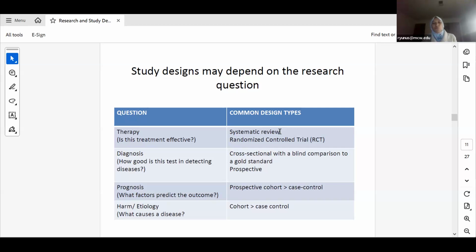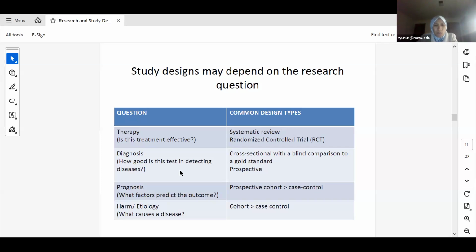Because when you do a literature review, if you find that many people have already done clinical trials on that drug, then rather than replicating a clinical trial, you can just do a systematic review. But if it is a very new drug and nobody has studied it before, or maybe you just have 1 or 2 studies with very small sample size, you can conduct a randomized control trial to test whether the therapy is effective or not.